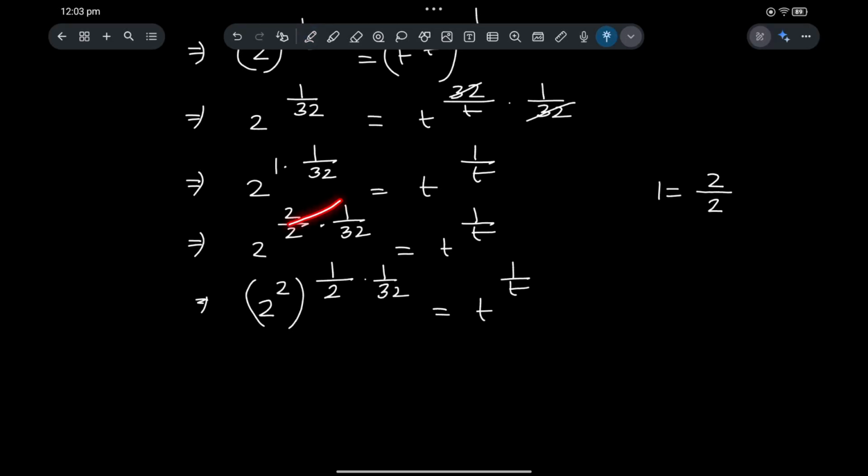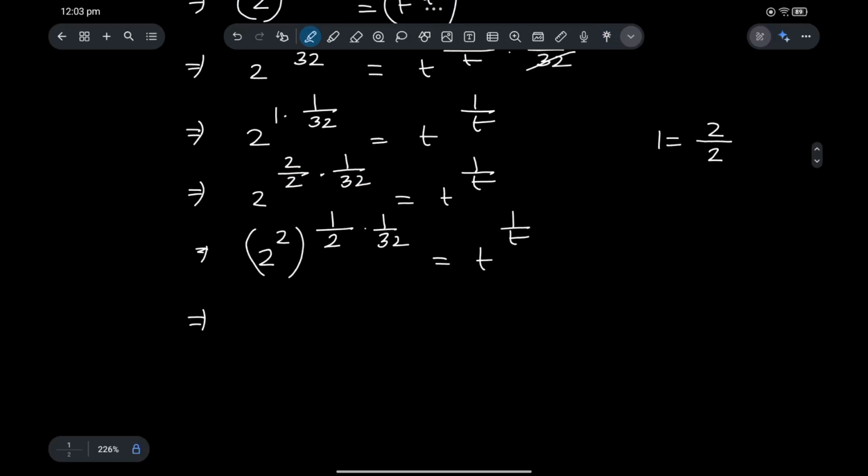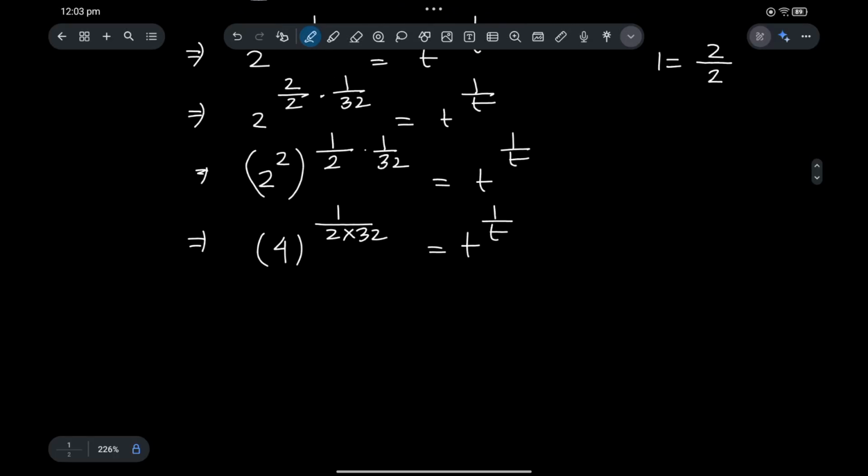So 2 square means 4, to the power 1 by 2 into 32, equals t to the power 1 by t. So basically 4 to the power 1 by 64 is equal to t to the power 1 by t.